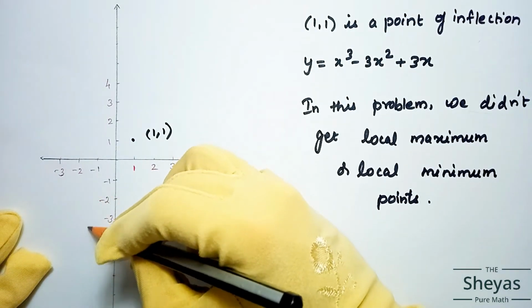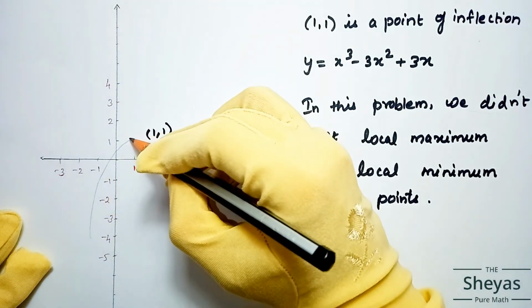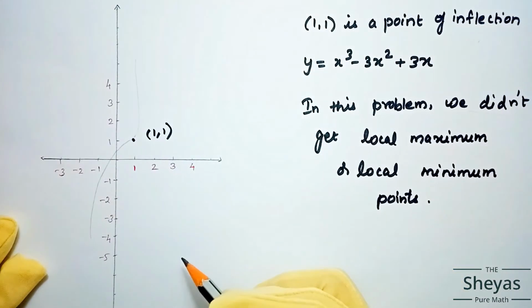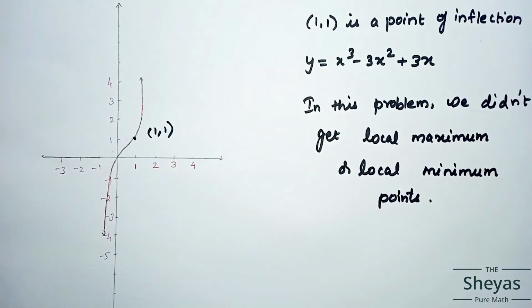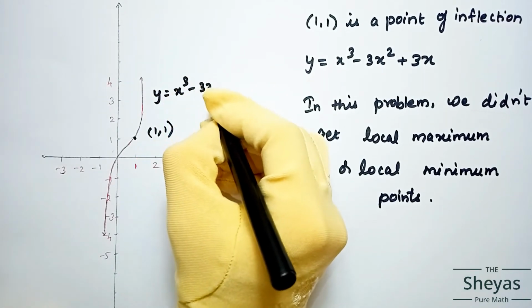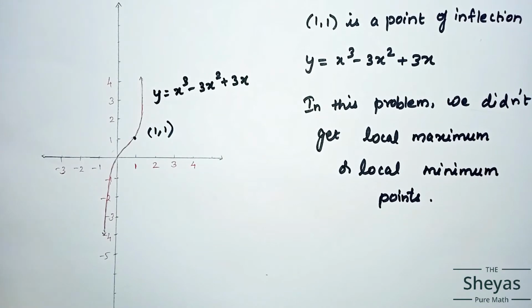So already we know how the shape will be, and you have to draw the graph this way. So we have sketched the graph of y is equal to x cube minus 3x square plus 3x using the point of inflection.